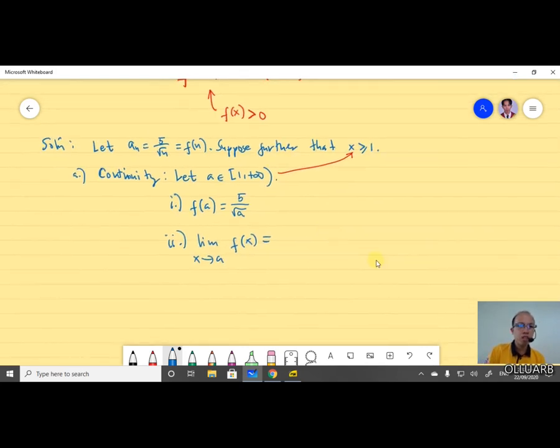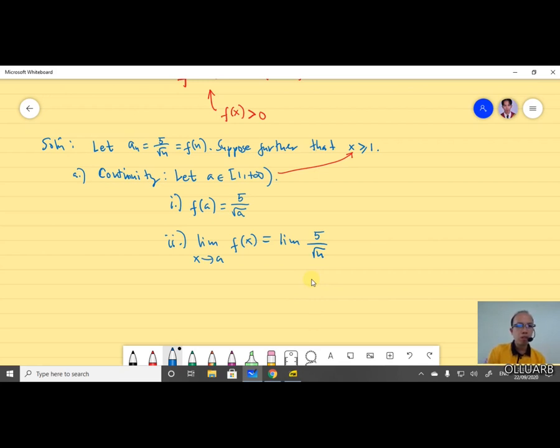So this is the limit of 5 over square root of n, and we replace this n by x.